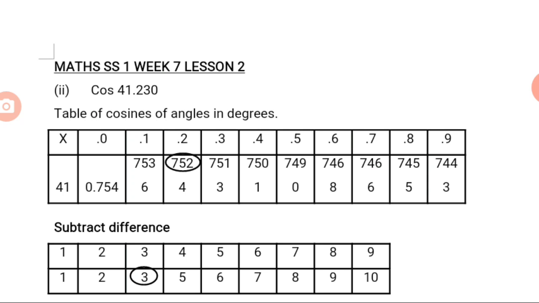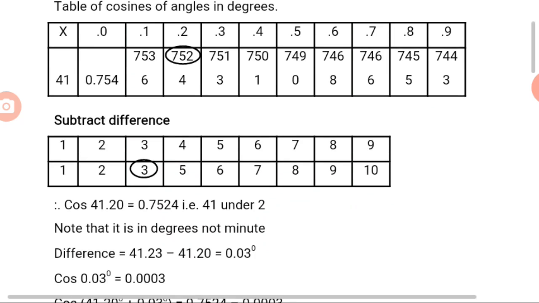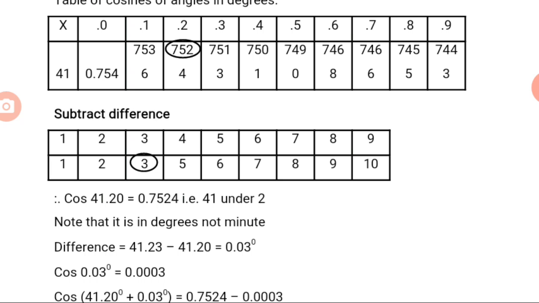The 23 is not in minutes, but in degrees. If it is in minutes, we convert it to degrees, but this one is in degrees already, so we don't have to convert it again.